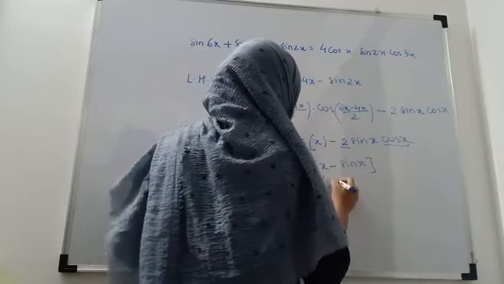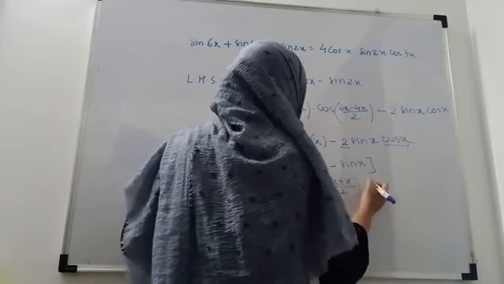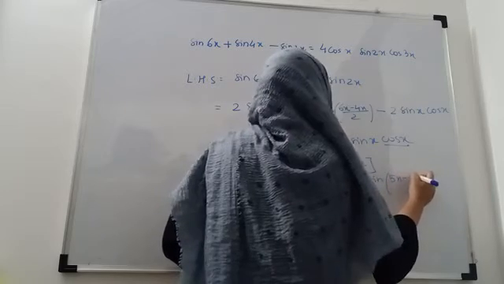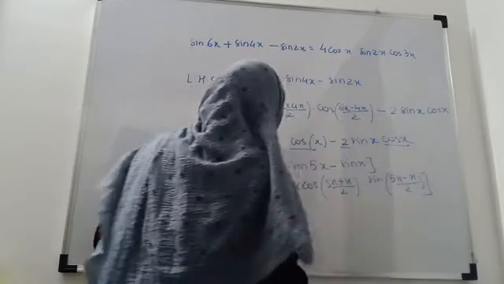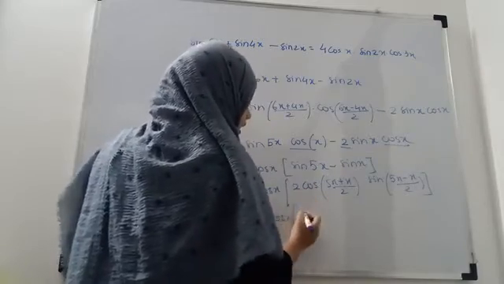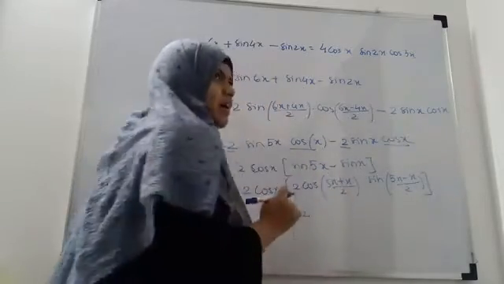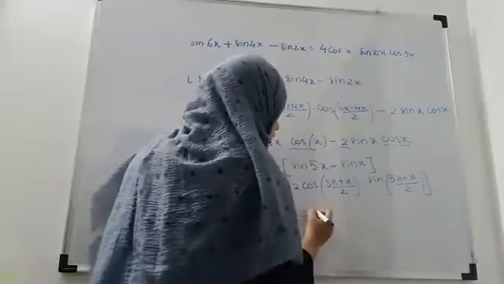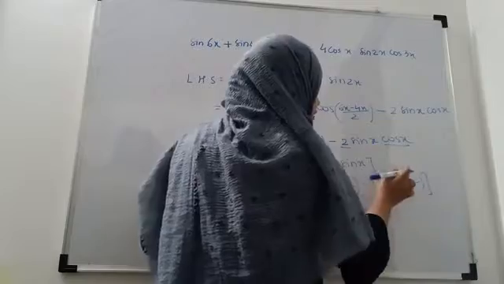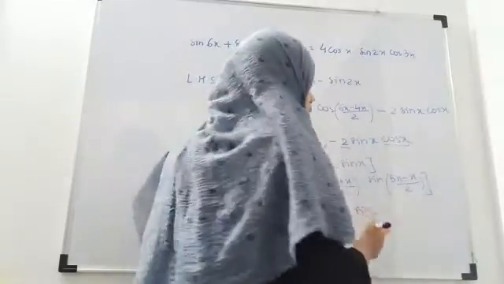So here it is cos of 5x plus x upon 2 into sin of 5x minus x upon 2. Now 5 plus 1, 6, 6 upon 2, 3, so this is cos 3x into sin of 5 minus 1, 4 divided by 2, it is 2x.